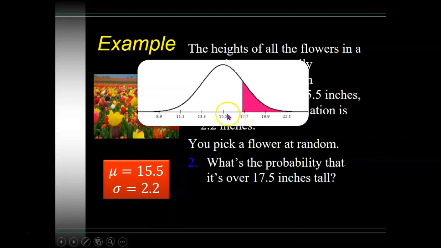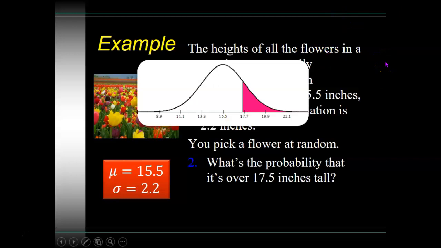So, out of all the flowers in the meadow, some of them are more than 17.5 inches, and some are less than that. And we're kind of pretending there aren't any that are exactly 17.5 inches, because if you found one that you thought was exactly 17.5 inches, you could measure it really, really carefully and find that it was really just a tiny fraction of an inch either above or below that.